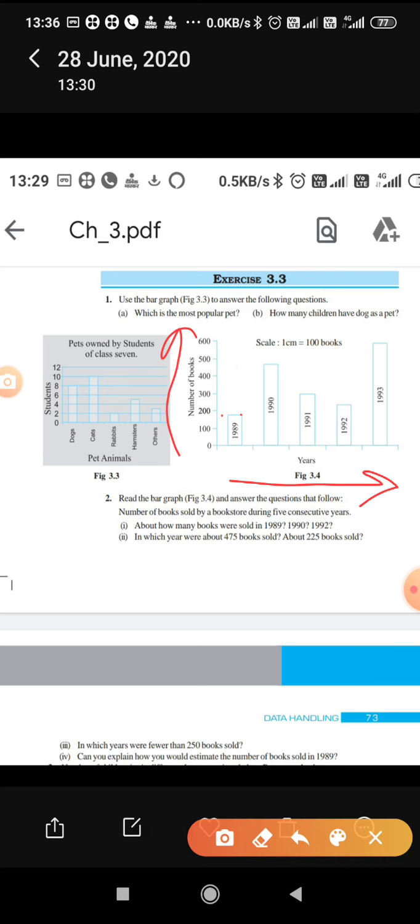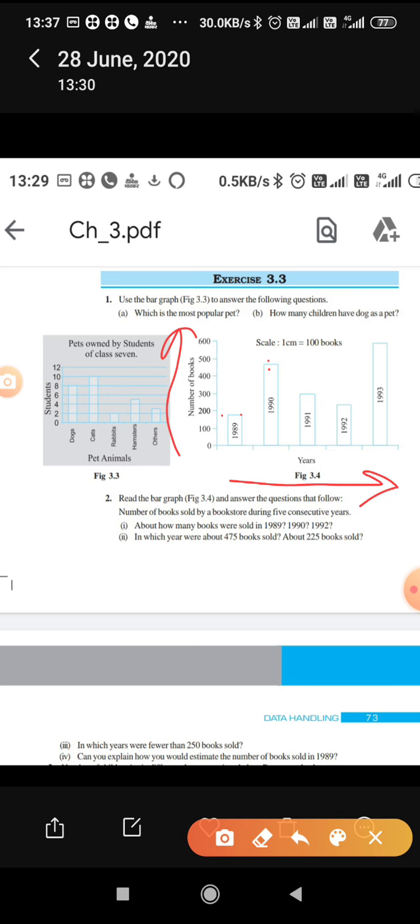So we will take 180 for 1989. Now see for 1990. This one is somewhat below the 500, so we will take approx 475.